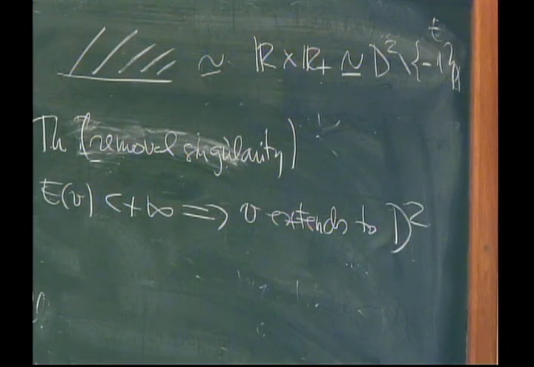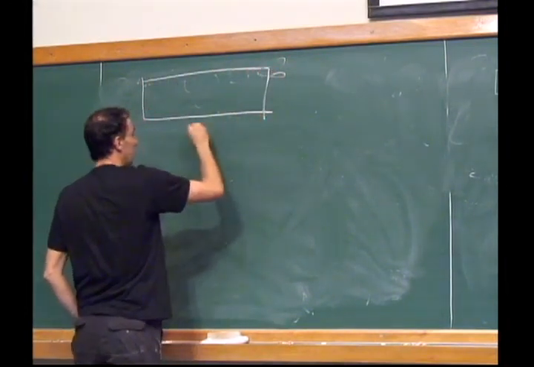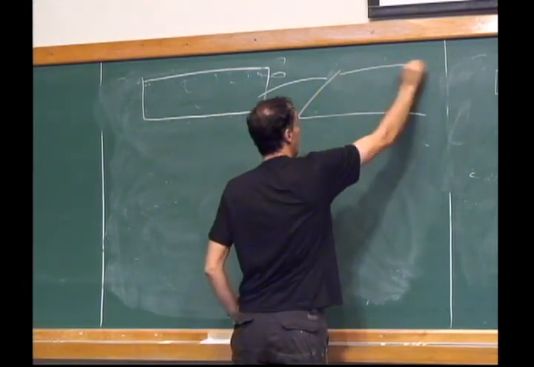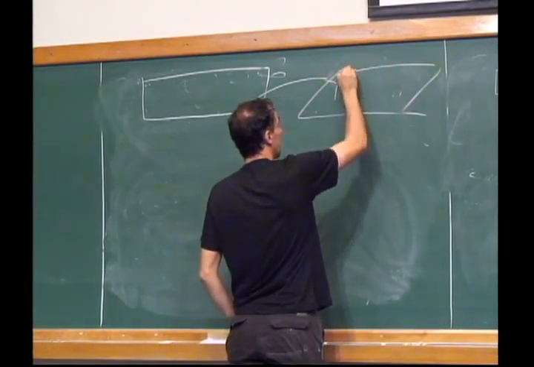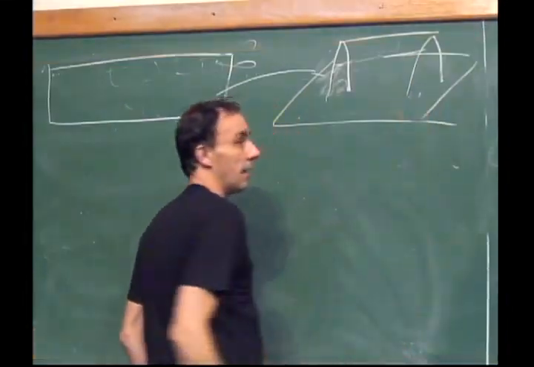Now let me draw you a picture, which is the analog of this one, just to show you what happens. So we started with this kind of picture, going to the holomorphic strip lying on L, right?